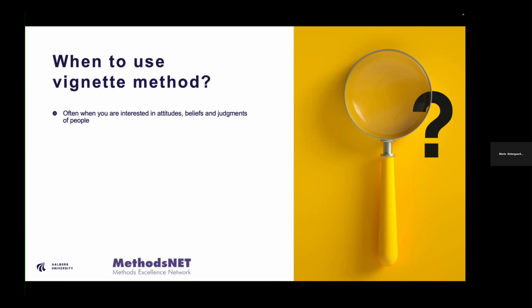So now I'm saying this to motivate this final point that has to do with when to use the Vignette method. And of course, thematically speaking, you can say that it's a very fruitful method to use if you're interested in attitudes, beliefs, and judgments of people.